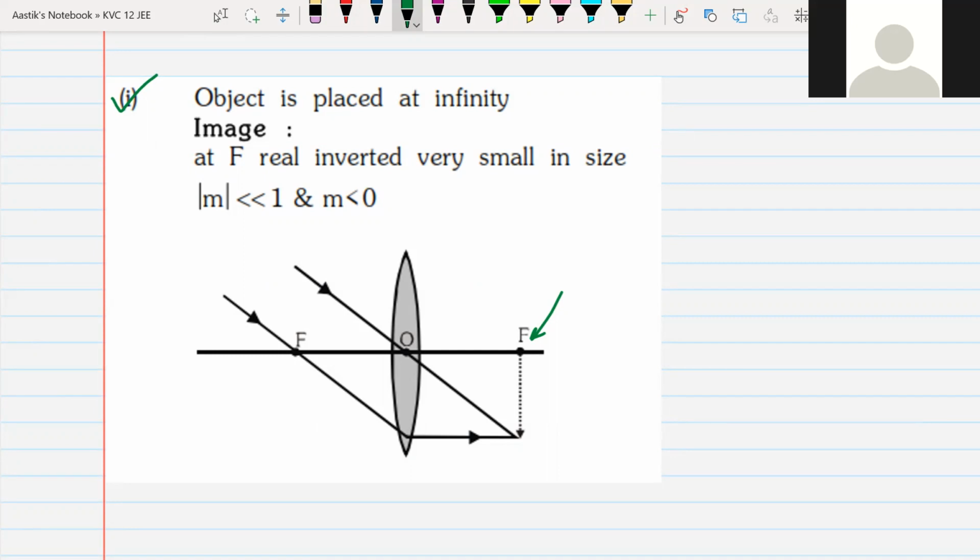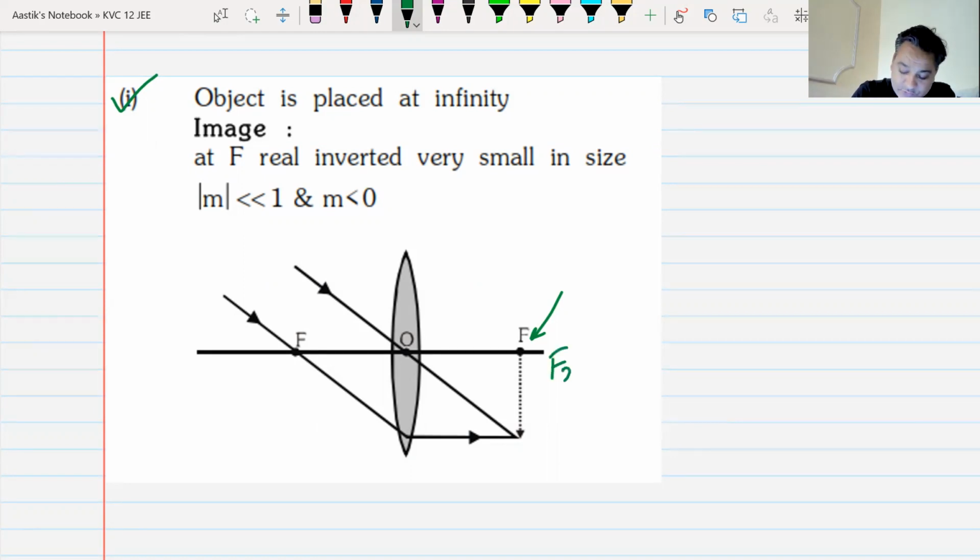The image is real. The image is inverted. The image is diminished. And the image is formed at the second principal focus, F2. That is what you need to remember. Case number 1. Do it.